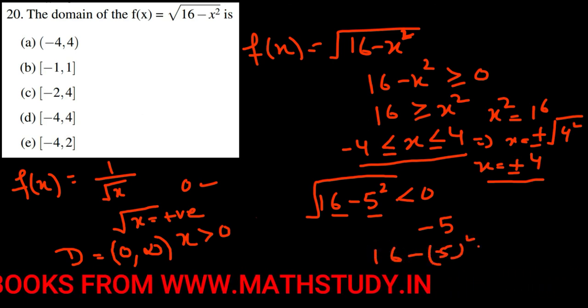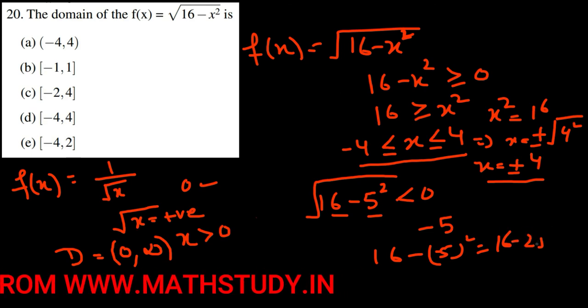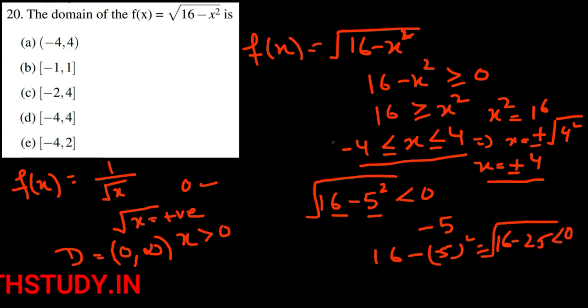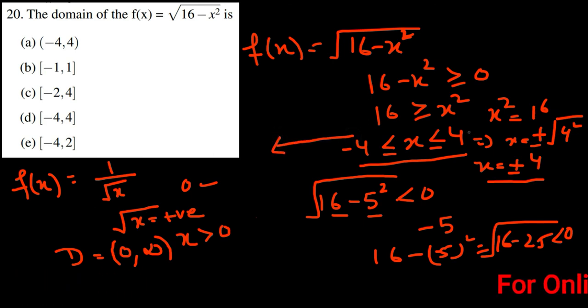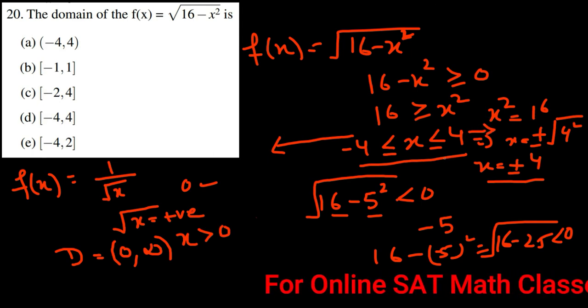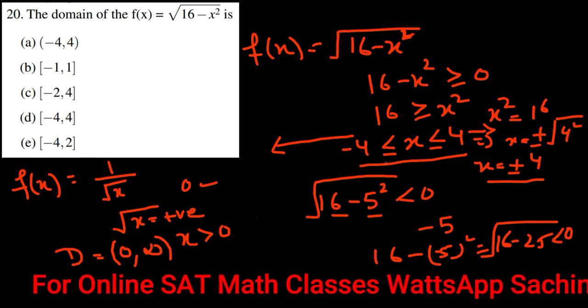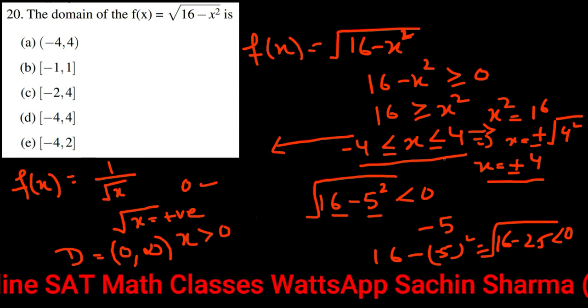That means minus 5 whole square is 25, so 16 minus 25 is again less than 0. So any value below minus 4 and any value above plus 4 will give us a negative value in the square root. Therefore our domain is restricted between minus 4 and 4 here.